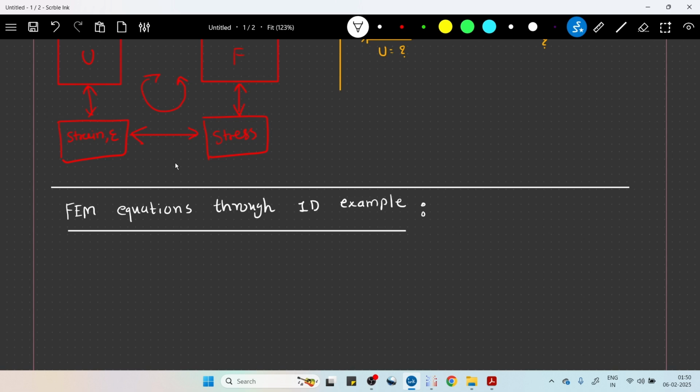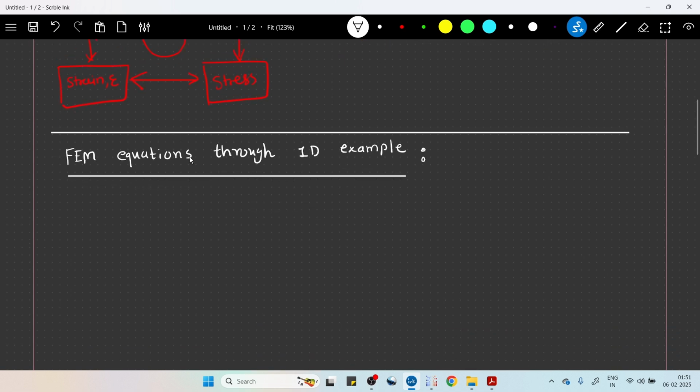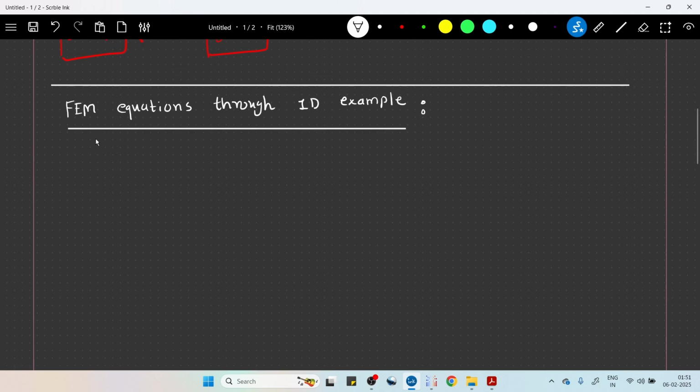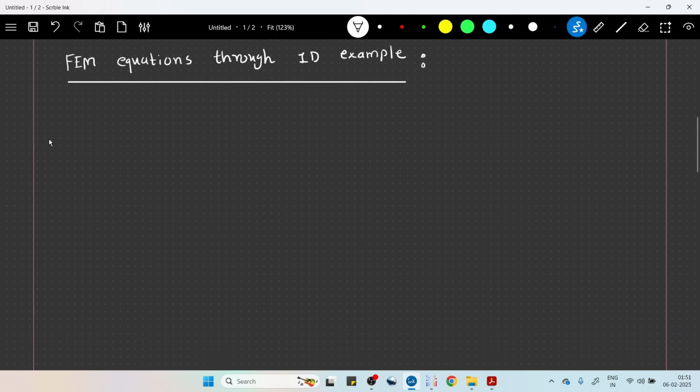If you are clear in your fundamentals and understood from a 1D perspective, you can easily extend your understanding to 2D and 3D. So it is very important that we get the conceptual understanding through a 1D example.